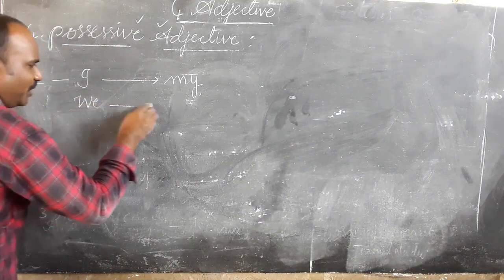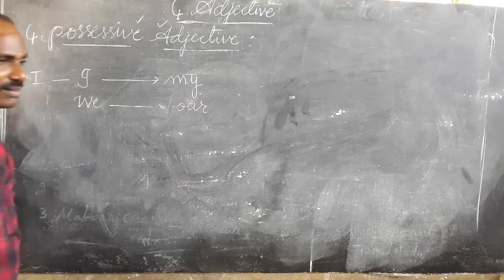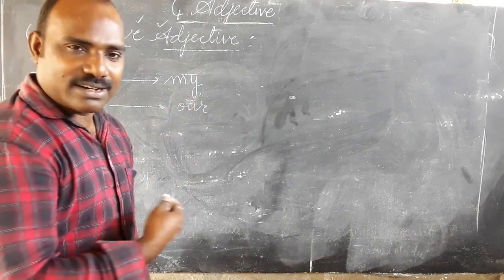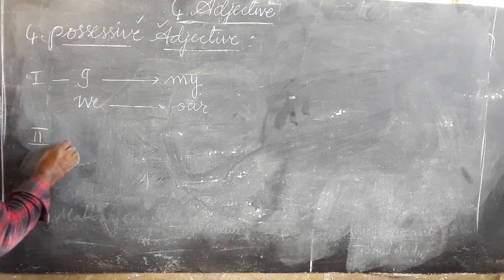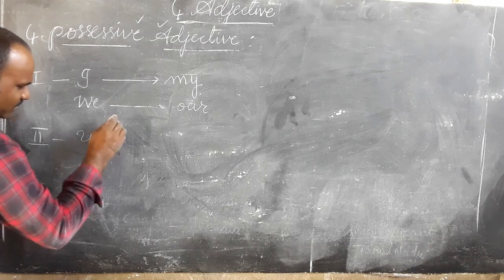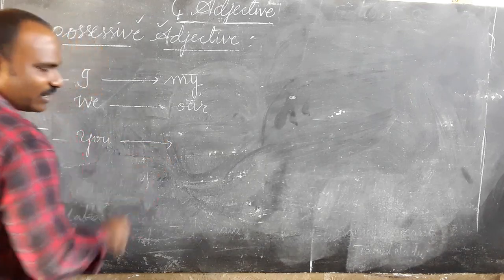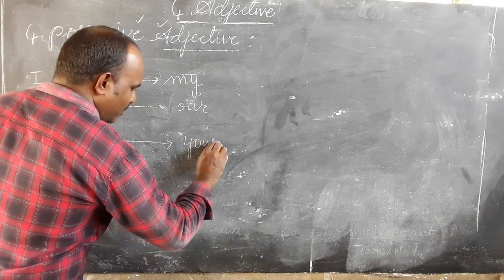First person plural we, our. Second person, both singular and plural, your, Y-O-U-R.